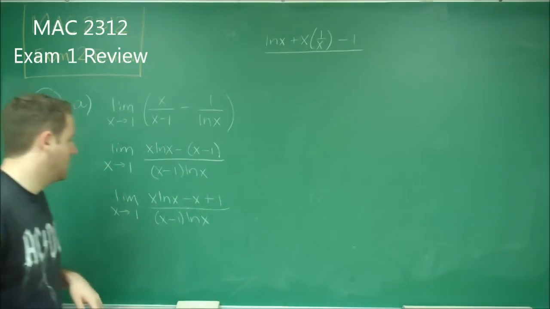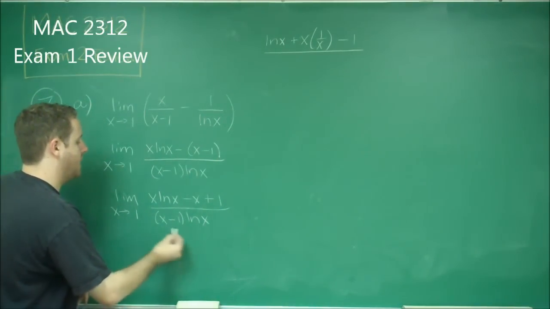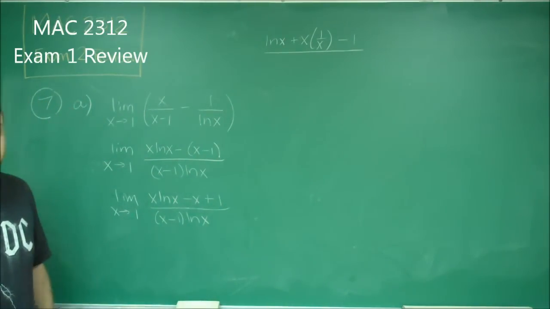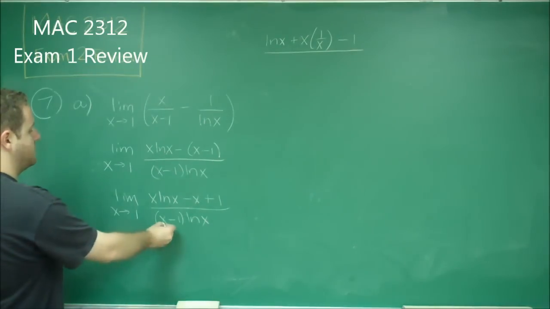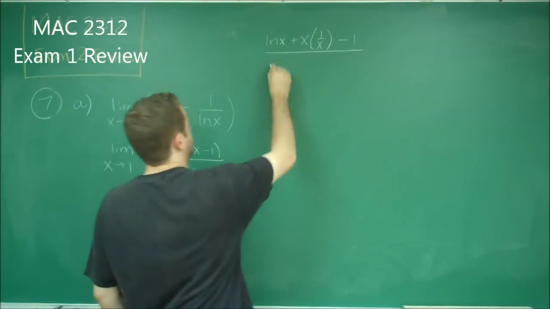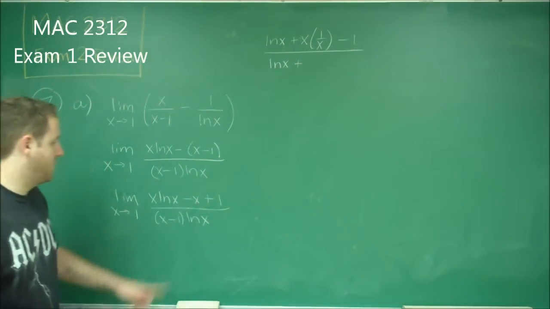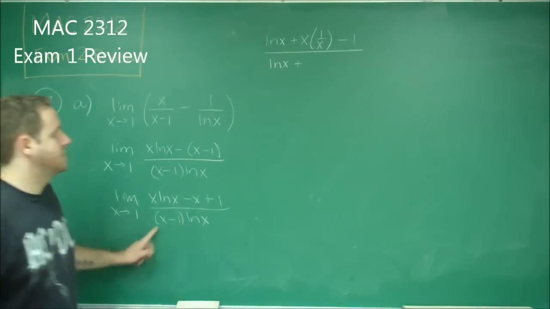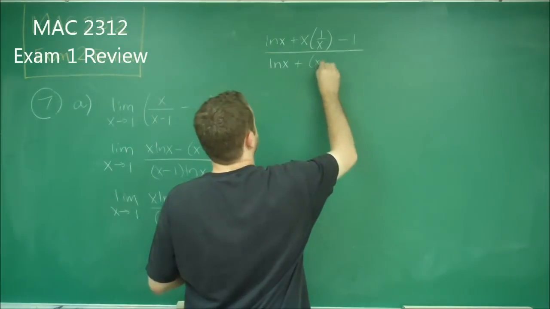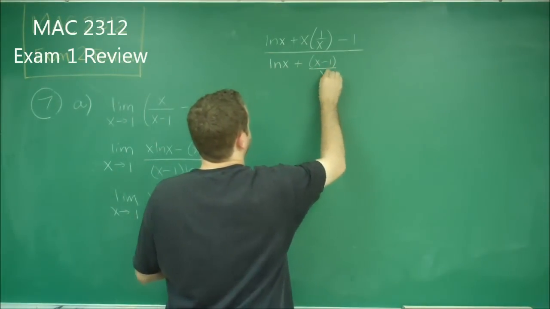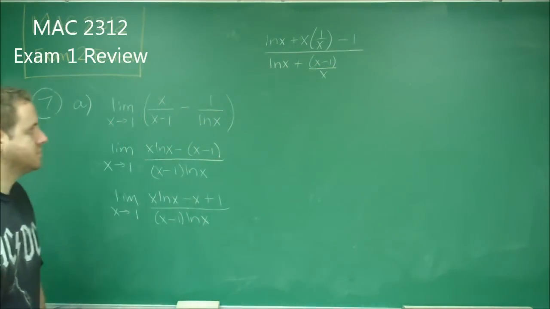On the bottom, we need to do product rule between x minus 1 and ln x. So the derivative of x minus 1 is 1 times ln x plus the derivative of ln x is 1 over x times this. I'll just divide it like that.